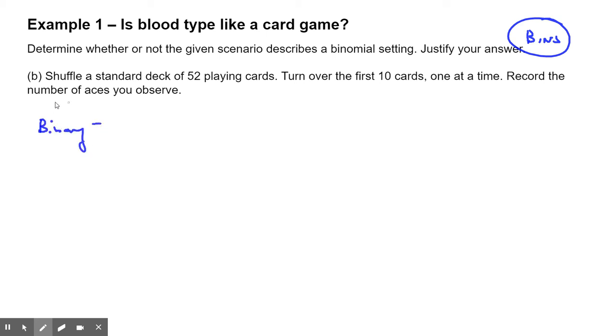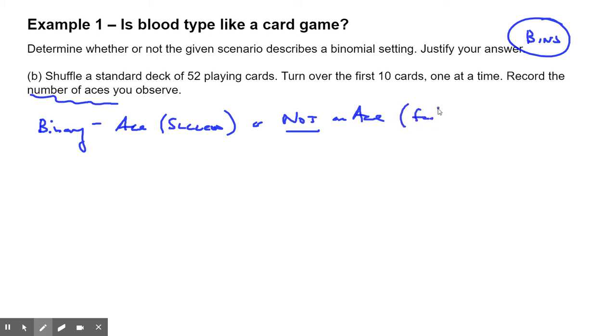We are looking for the number of aces. So an ace would be a success, or not an ace would be a failure. So there are only two choices. I know there are jacks, queens, kings, tens, nines, but again, it's ace or not an ace.